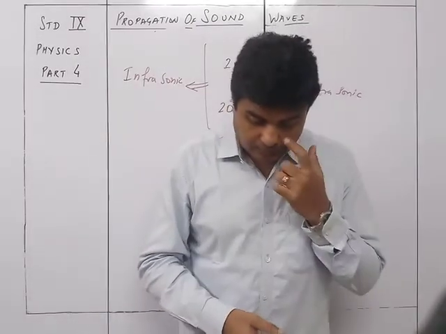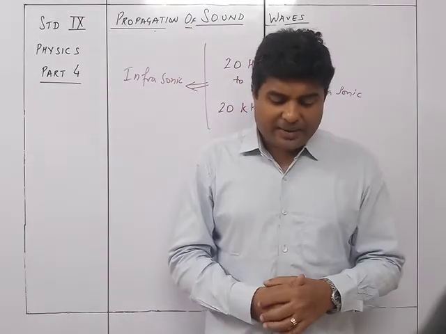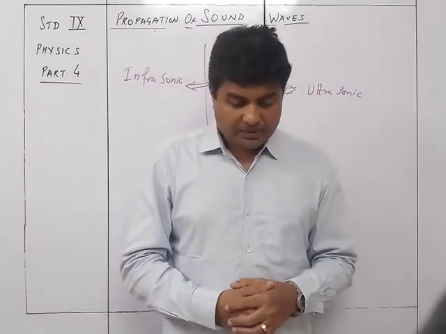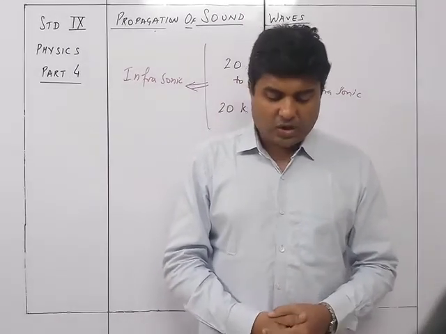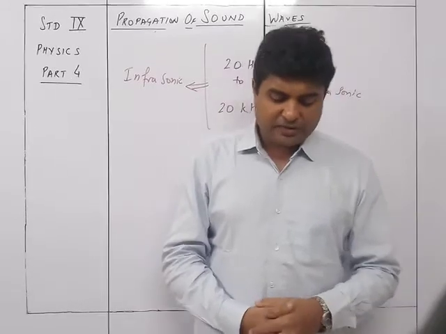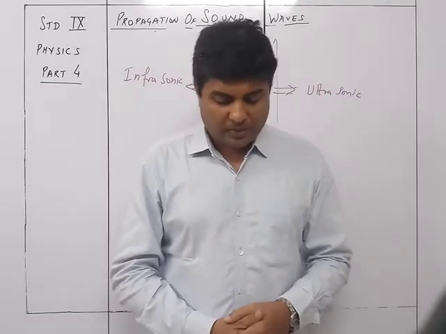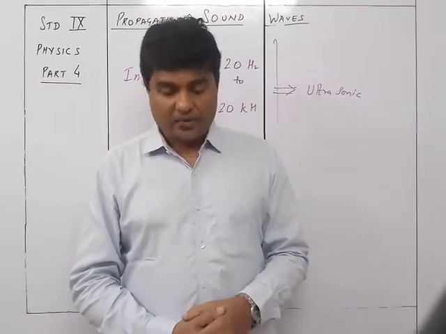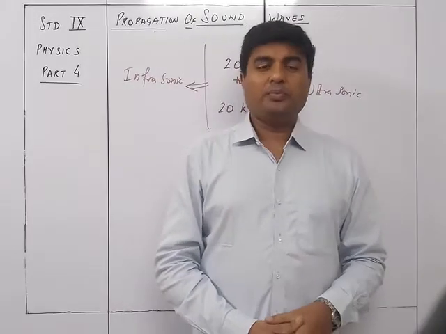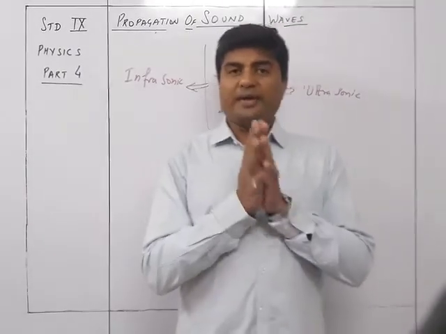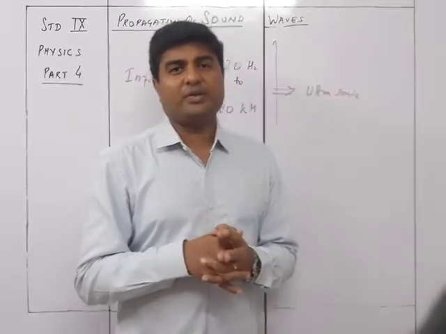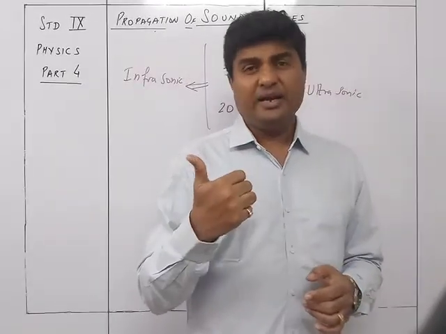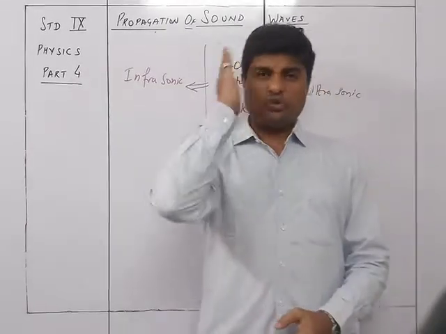First, the energy carried by ultrasound is very high. Second, ultrasound can travel along a well-defined straight path. It does not bend appreciably at the edges of an obstacle because of its small wavelength, that is, high directivity. So apart from the properties of sound, the two extra properties ultrasound has are high energy, and that it can go in a straight line.